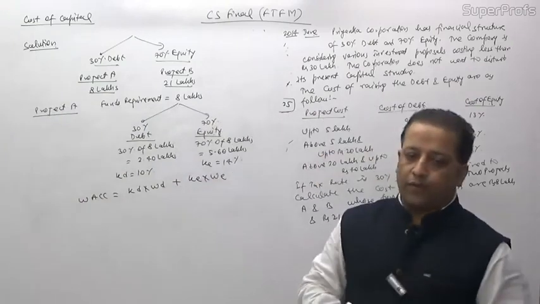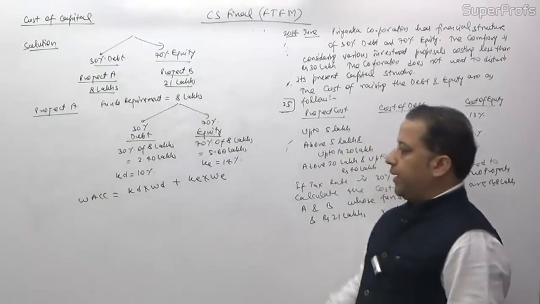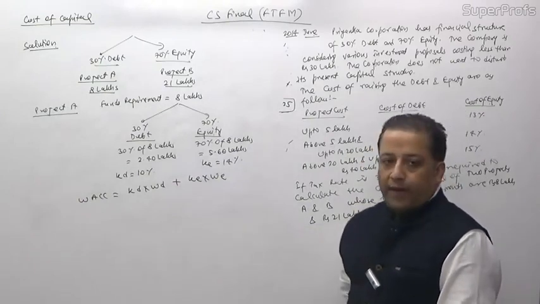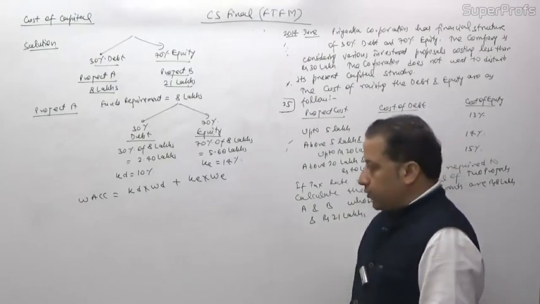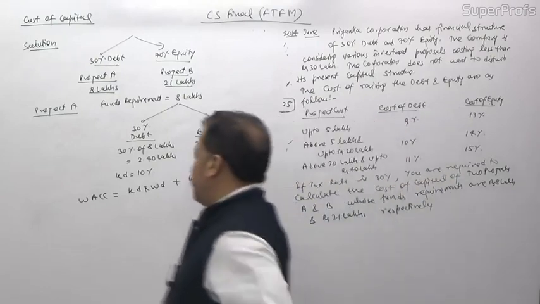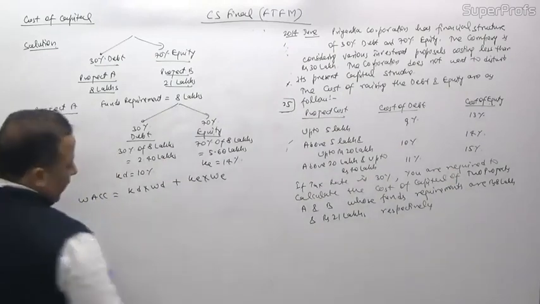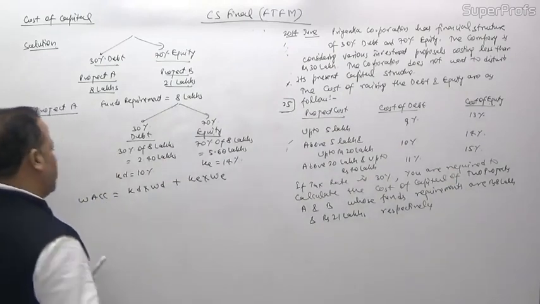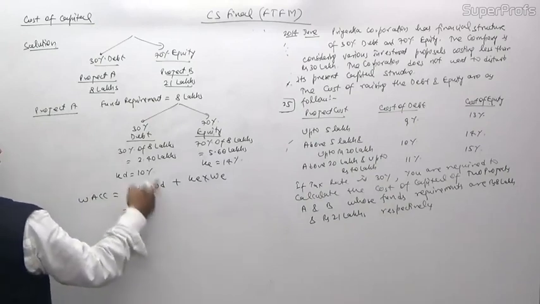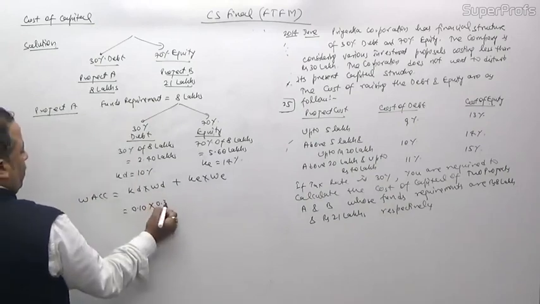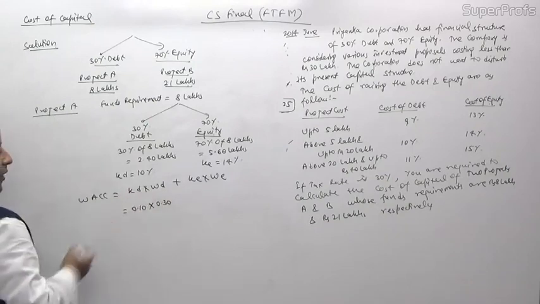So for the computation, the weighted average cost of capital is equal to Kd, cost of debt into weight of debt, plus cost of equity into weight of equity. The cost of debt is 10% and the weight of debt is 30%, that is 0.30.